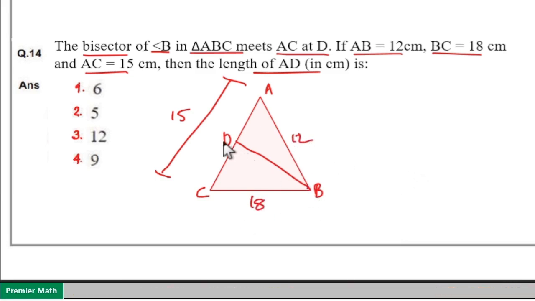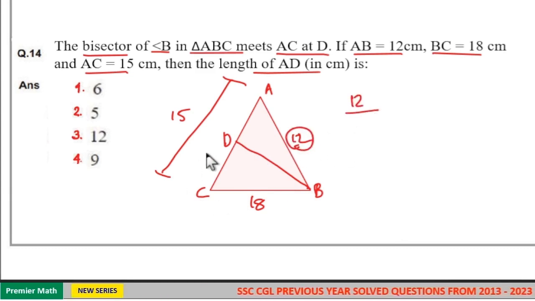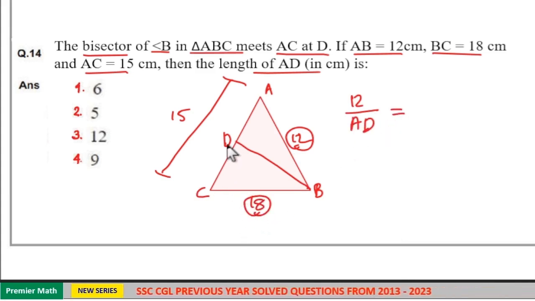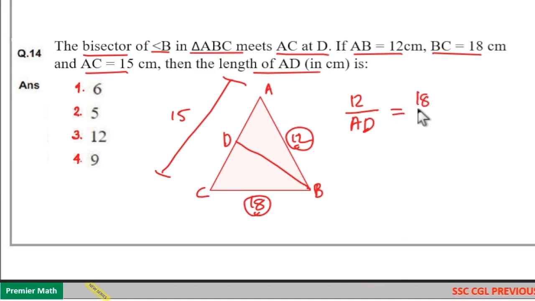Now this is a bisector. So whenever a bisector meets the base, the ratio of corresponding sides is equal. That is, here 12 divided by AD is in the same ratio as 18 divided by DC.